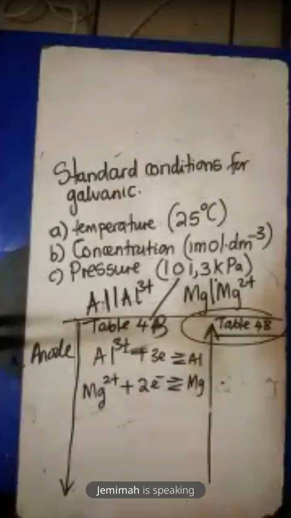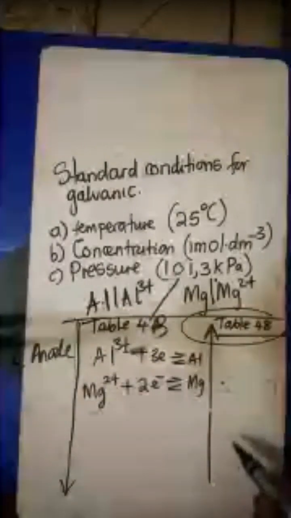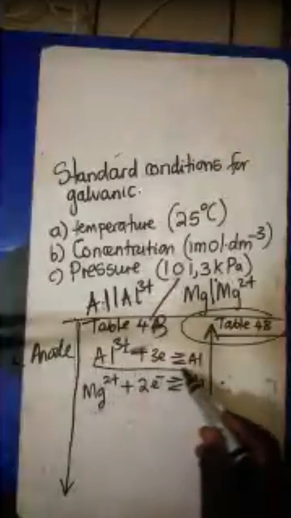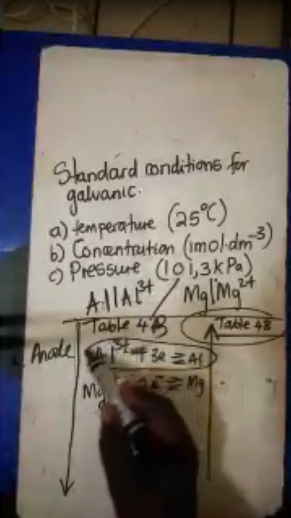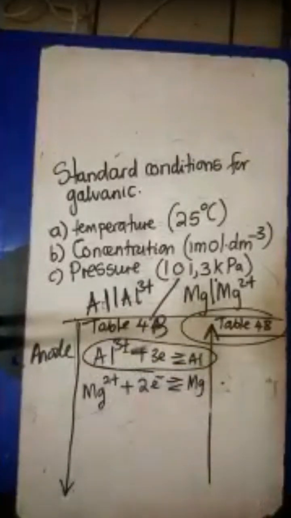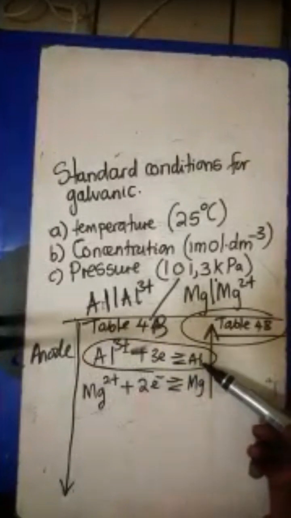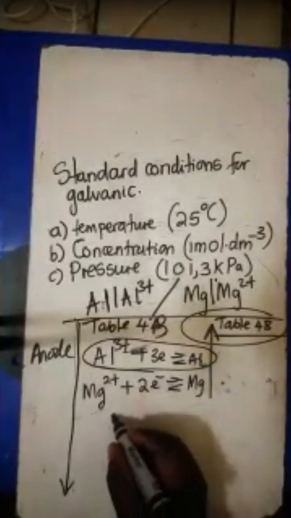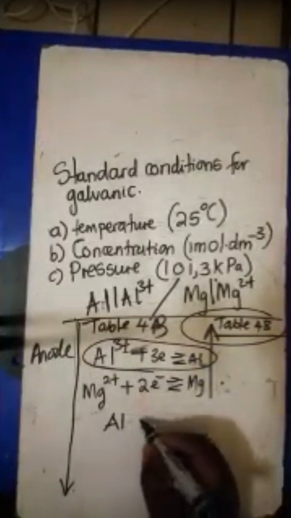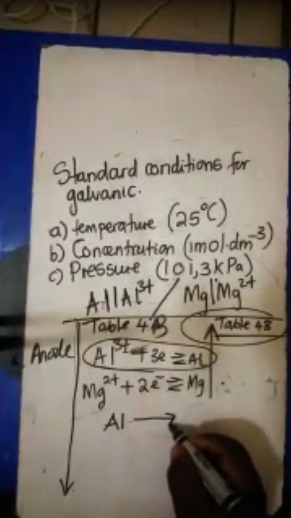Yes, ma'am. Right. So every time when you write the anode equation, colleagues, you reverse. To reverse means you start writing what you see on the right hand side. So you must write aluminium like this. Then you put a single arrow.